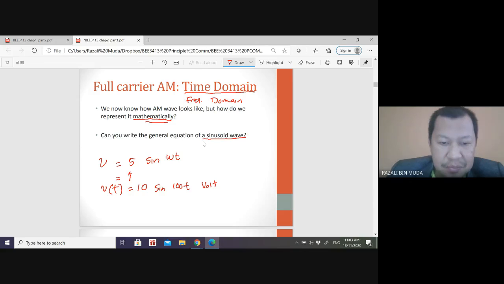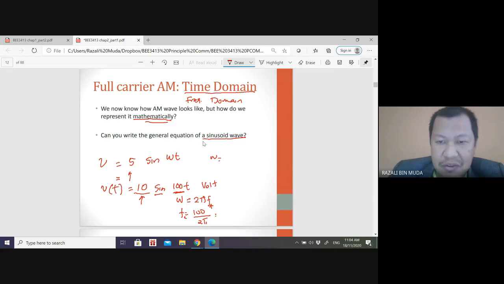So this is the amplitude, this is sine, and 100 is omega. Omega equal to 2 pi f. So this is the frequency. So f equal to 100 over 2 pi. So frequency can be f or omega.